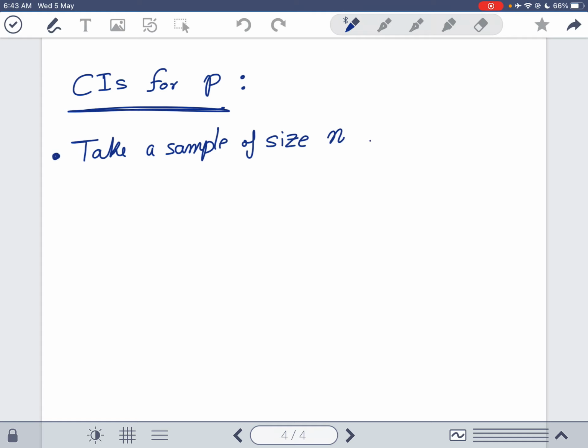So that's your first step in order to compute confidence intervals for population proportion. Second step is to define what success means and find p hat. So p hat will be how many successes you have over the sample size. When we say successes, you can think of an infinite number of examples. What you are looking at right now can be applied in many situations.